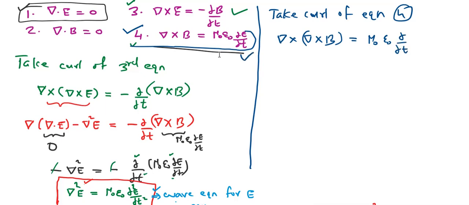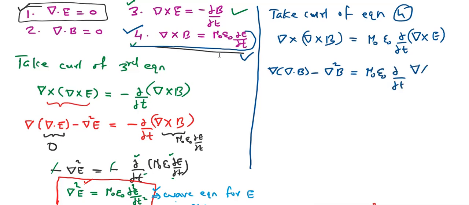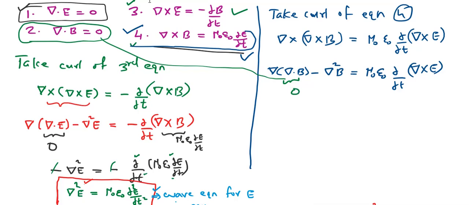Equation 4, on the right hand side we must take the curl, that is curl of E. Curl of curl of B, by the standard result, is del dot del B minus del square B, equal to mu 0 epsilon 0 dou by dou t of curl of E. The del dot B in this equation is nothing but our second equation; del dot B we have seen is 0.